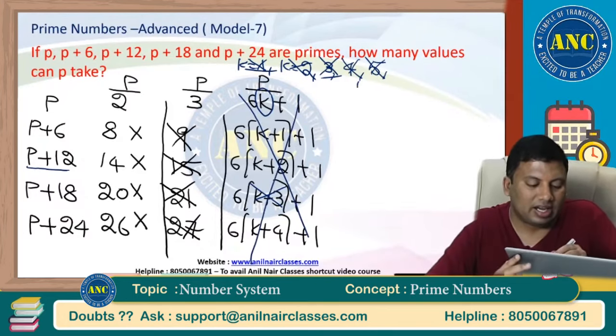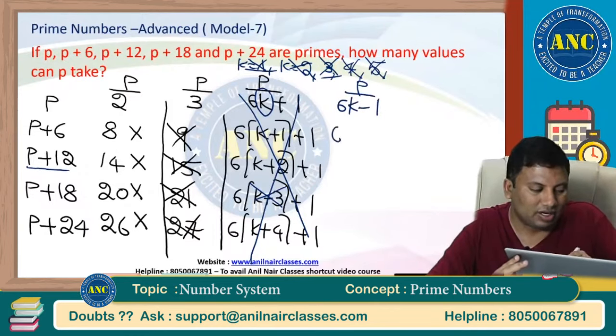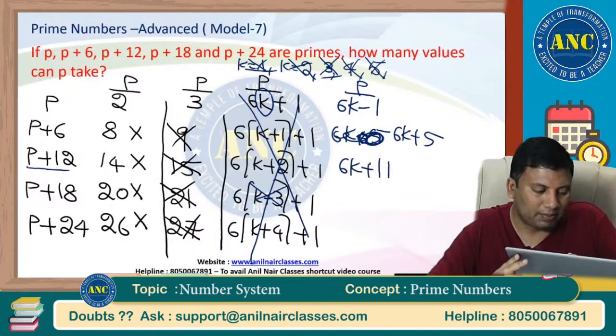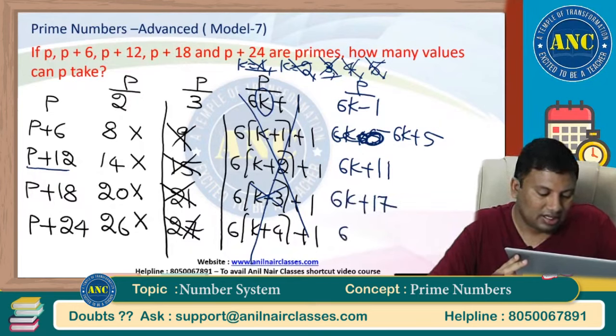Next, let us take 6k minus 1. If I take 6k minus 1, then plus 6 is 6k plus 5, then 6k plus 11, then 6k plus 17, then 6k plus 23.